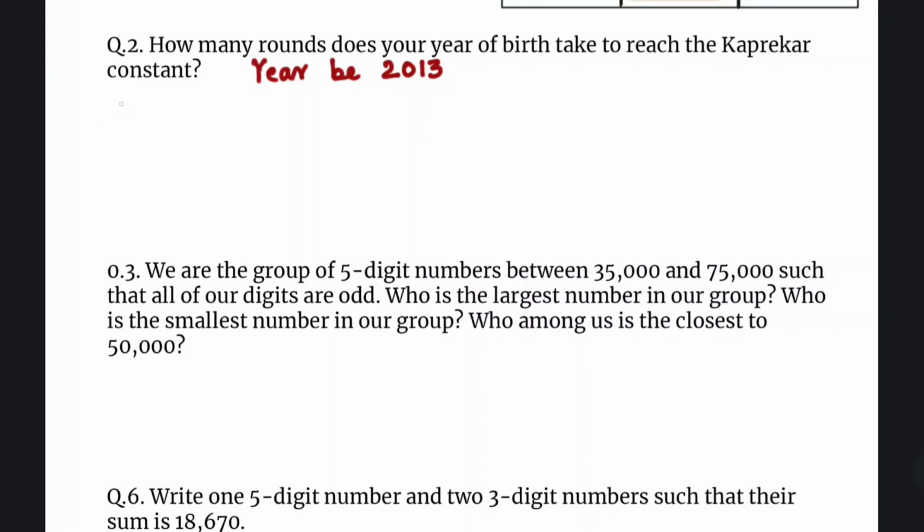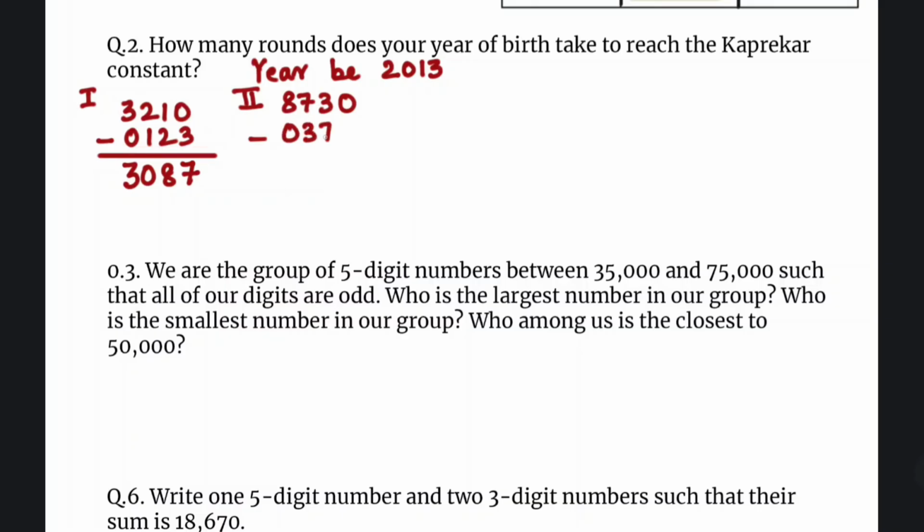Here the largest number we can make is 3210 and the smallest number is 0123. So this is the first step. When you subtract, we are getting 3087. Second step, the largest number is 8730. The minimum number is 0378. When you subtract it, we are getting 2.